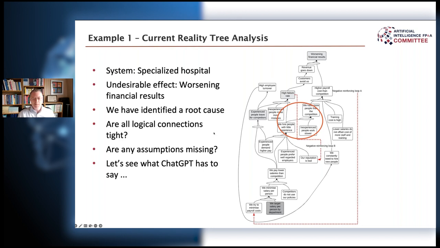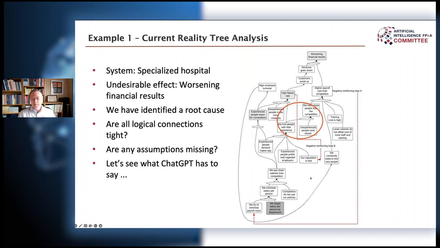We're running a specialized hospital, and we're trying to minimize costs, basically. So what we do is we look at the costs, and we see that we have relatively high payroll. So we want to limit that. And what we do is we invent a KPI that's salary per person per department, and we want to minimize that.